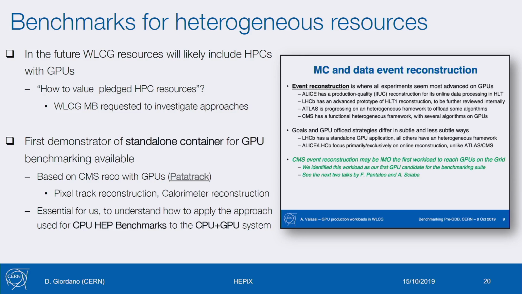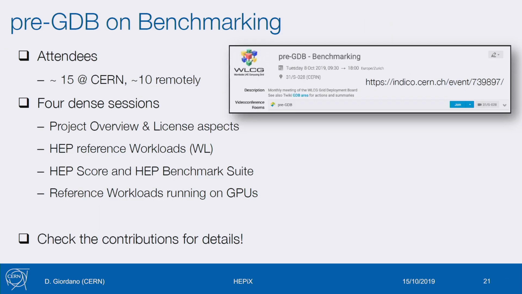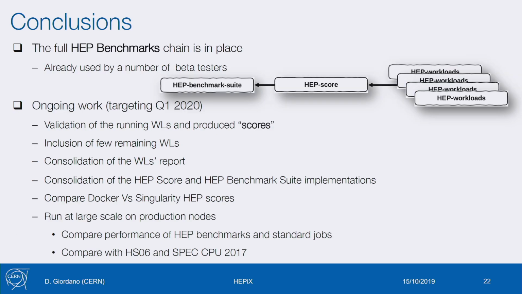This will enable us to run this approach, this app workload, also on CPUs plus GPUs, and to understand how to benchmark a system like this. Many more details are linked to the agenda of the pre-GDB of last week, where we covered all these activities, so you are invited to go there if you want more details.